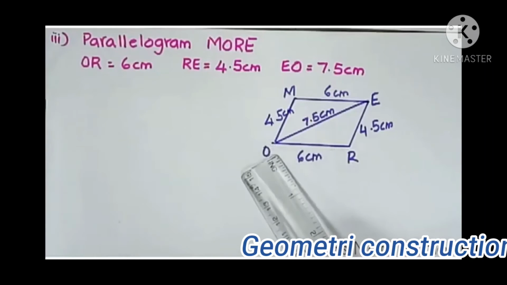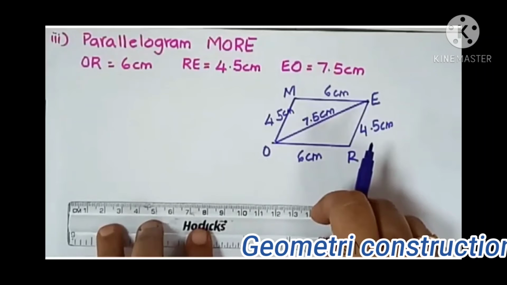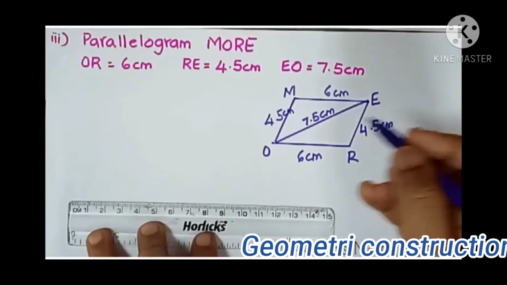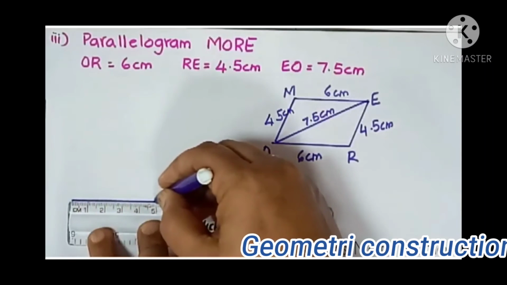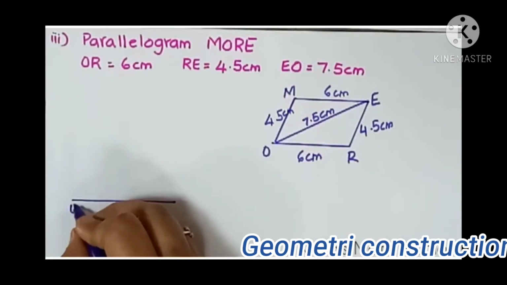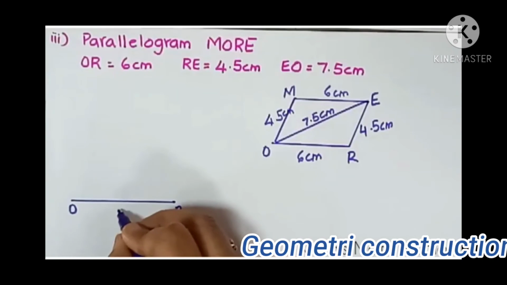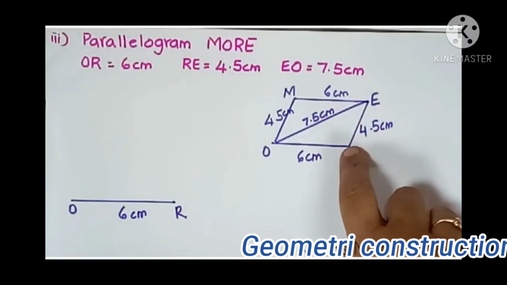Take your scale and draw the base first. That is 6 cm. Take the measurement of 6 cm from your scale and draw the base. OR is equal to 6 cm. Write the measurement there, 6 cm.